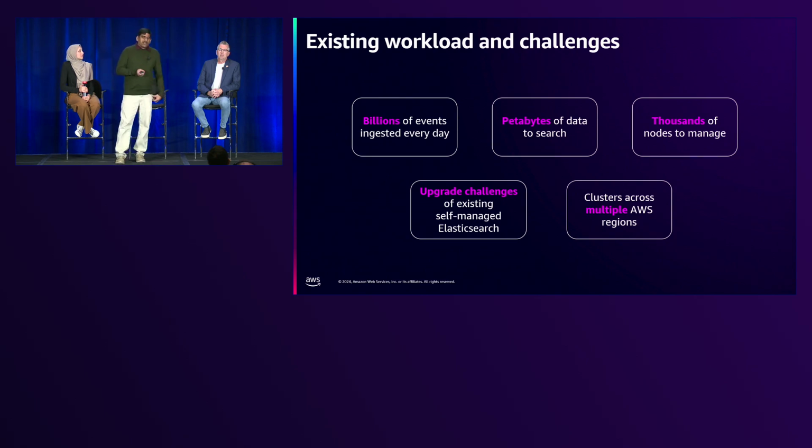To make this happen, we had existing Elasticsearch with thousands of nodes across many AWS regions and VPCs. So we had a challenge of upgrading these, as our clusters are in multiple regions, and even manageability and operations wise, it's a challenge.